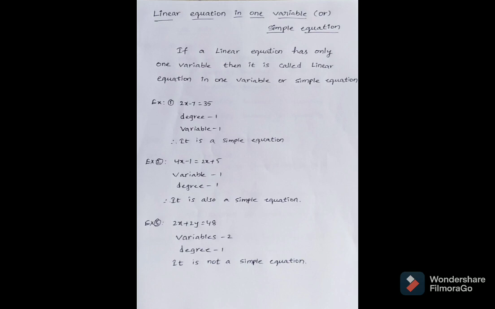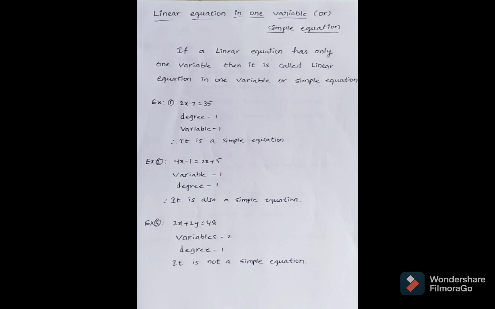Let us see one more example. Third example. 2x plus 2y equal to 48. Here, observe carefully. Number of variables is 2. What are they? x and y. And power of x is 1.